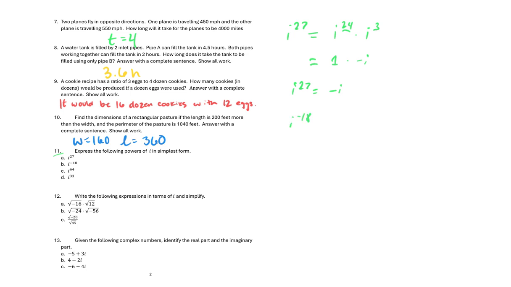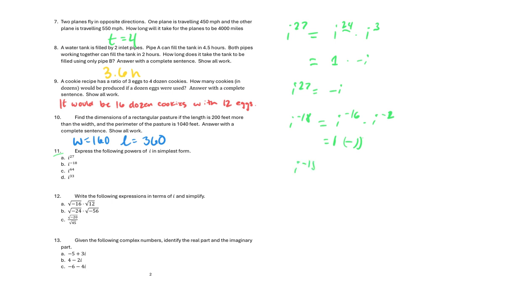i to the negative 18th is equal to i to the negative 16th times i to the negative 2nd. So that's equal to 1 times negative 1.